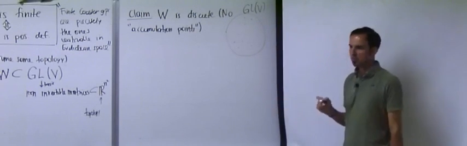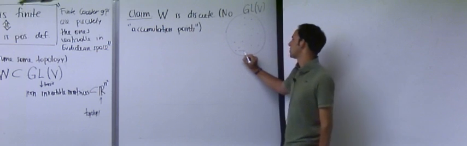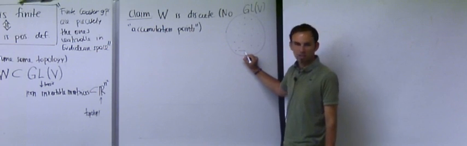The way you should think about this is that here's this huge GL(V), and W lives inside there. So discrete means that it looks like the way I'm drawing it. It wouldn't be discrete if you had limit points like this. If you had a limit point, this would be called an accumulation point, and that's what I'm claiming we don't have in Coxeter groups.